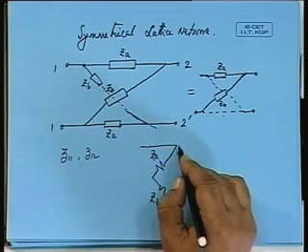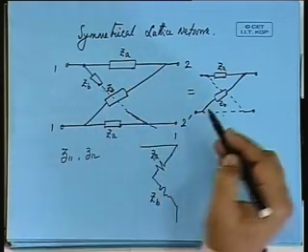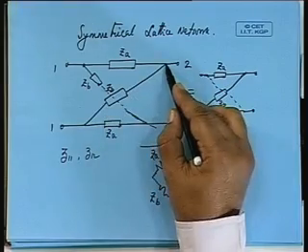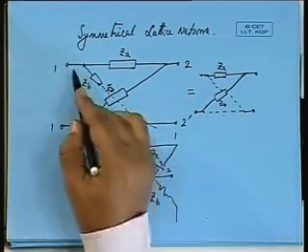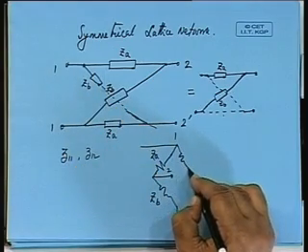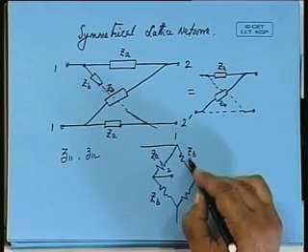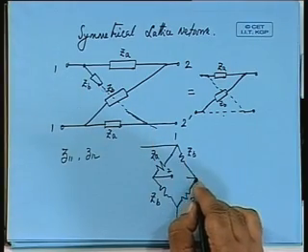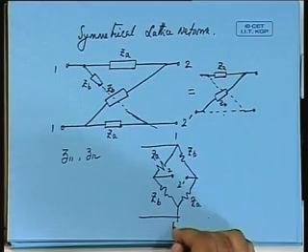Okay. The junction is 1, ZA and ZB. From ZA, the junction of ZA and ZB, this is 2. There is another branch ZB and ZA, and that junction is 2 dashed. So, basically this is 1 dashed.